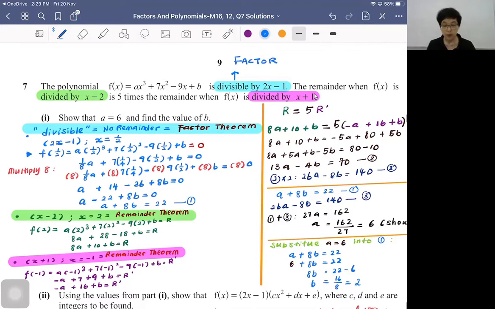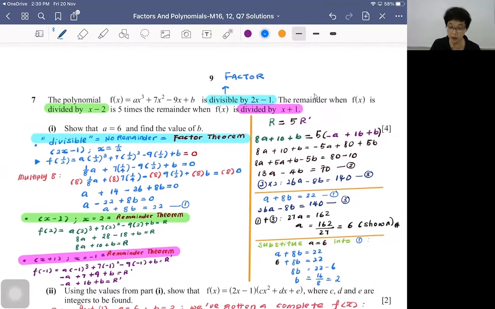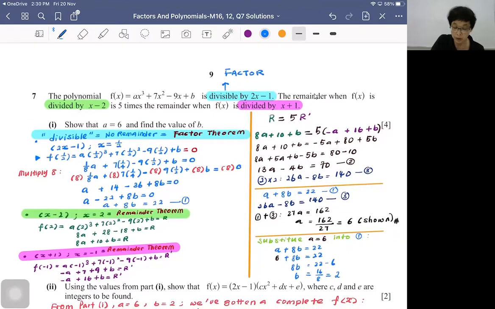So therefore, we're going to invoke the factor theorem. The next part of the question we might want to be interested in is the word remainder. That will link us to the remainder theorem.